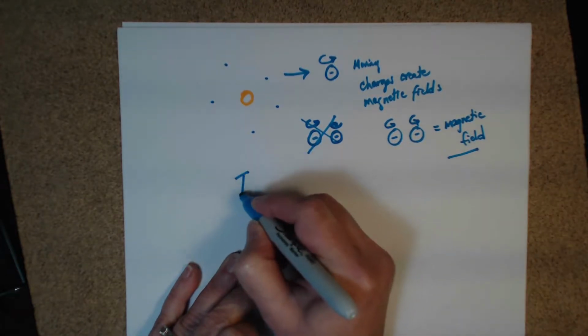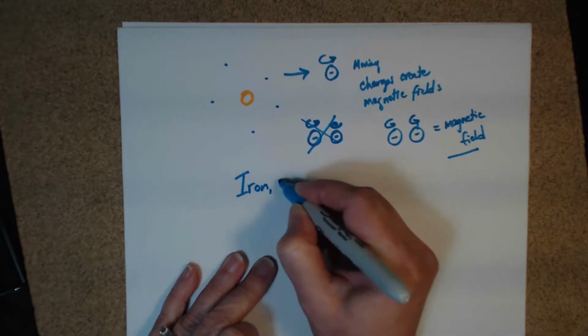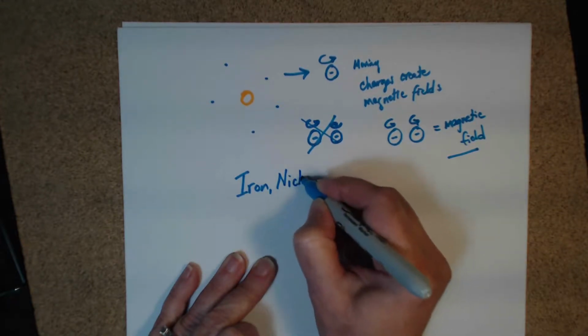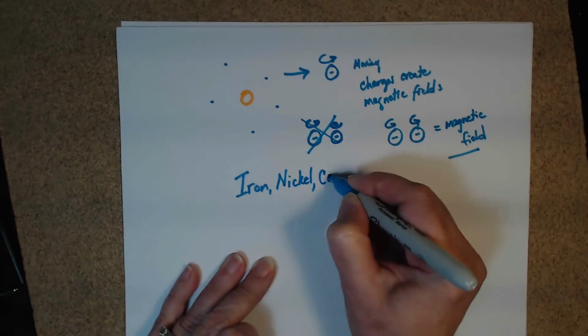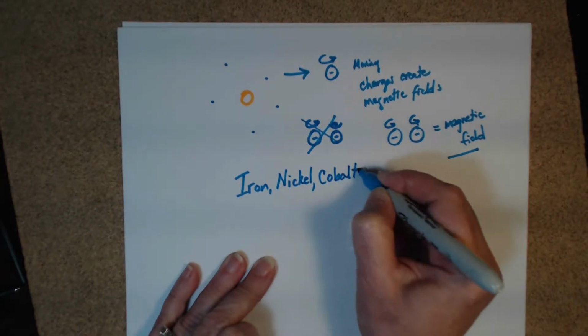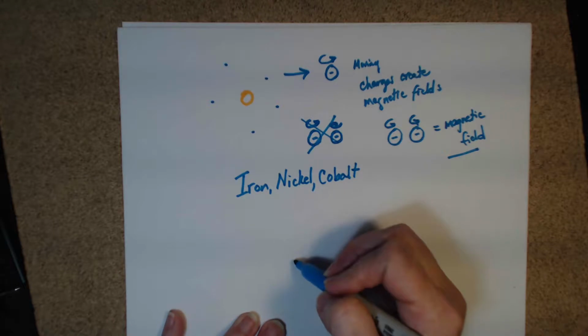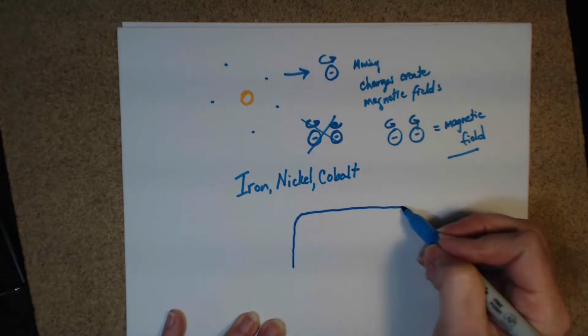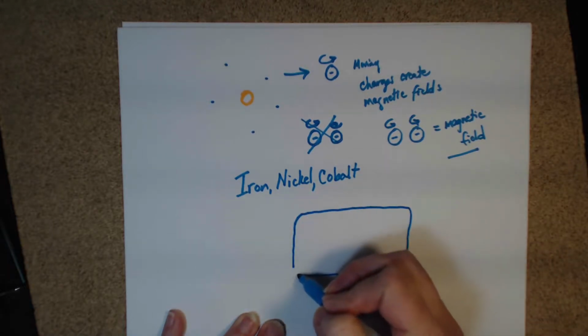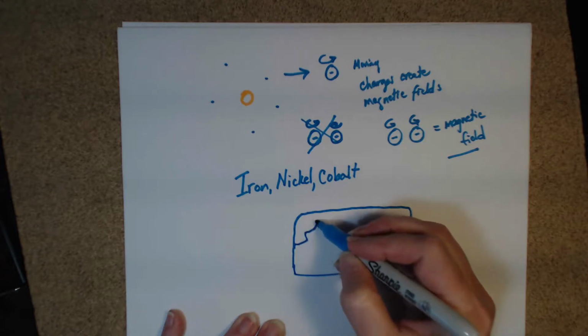Materials that are naturally magnetic are known as ferromagnetic, and these include iron, nickel, and cobalt. But if each individual atom is a magnet, then why aren't all pieces of iron magnets?